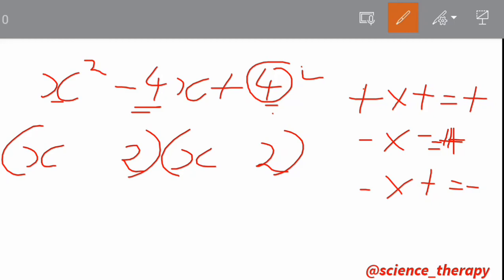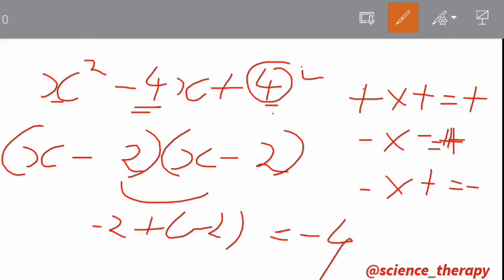That means the signs that we need to have here is minus and minus. So we are guided by the middle term as to what signs we should put in there. But negative 2 times negative 2 is positive 4. And negative 2 plus negative 2 will give us negative 4. Right.